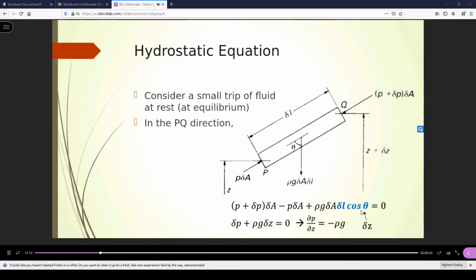Force balance along this PQ: what are the forces? First, we have a pressure force acting at the bottom, and a downward force acting at Q, right? The height of P is Z. The height of Q is Z plus delta Z. Again, delta Z represents a very small distance in the vertical direction. The length is delta L.